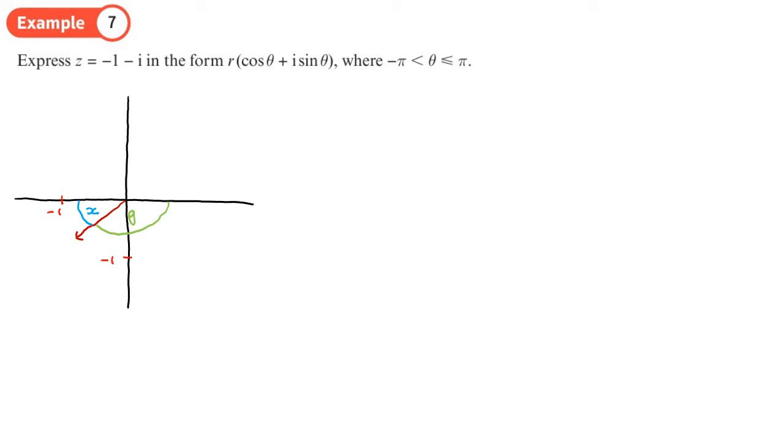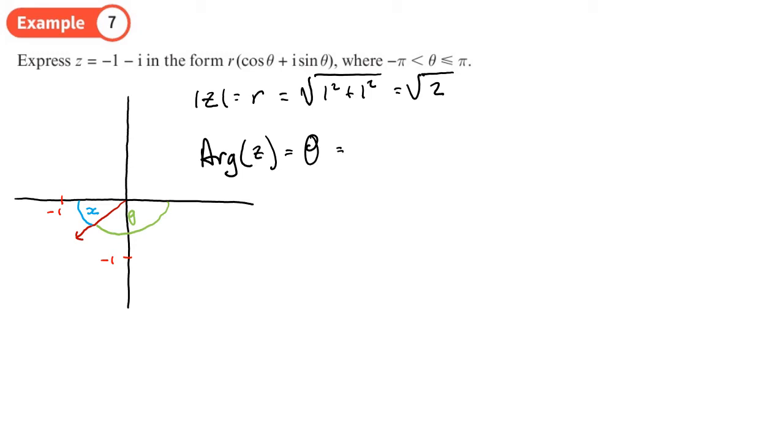The easy bit is the modulus of the complex number, r, and that's just the square root of 1 squared plus 1 squared, so it's just root 2. We'll leave it like that. The argument of z, which is theta, is going to equal, another way of saying it is negative pi over 2, or negative pi, which is all the way around.